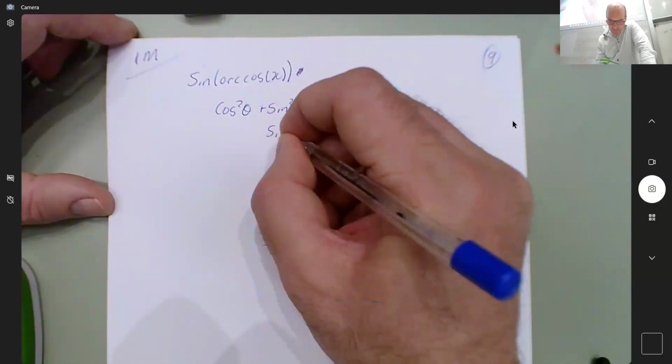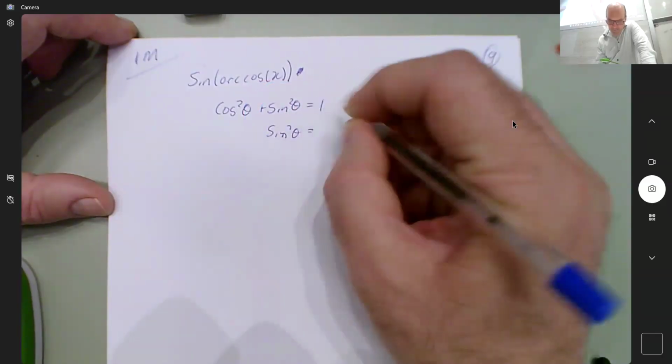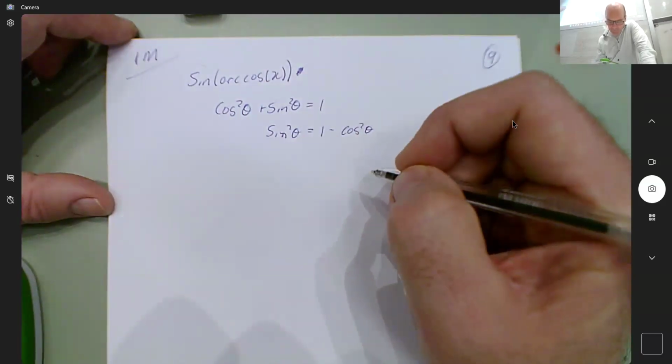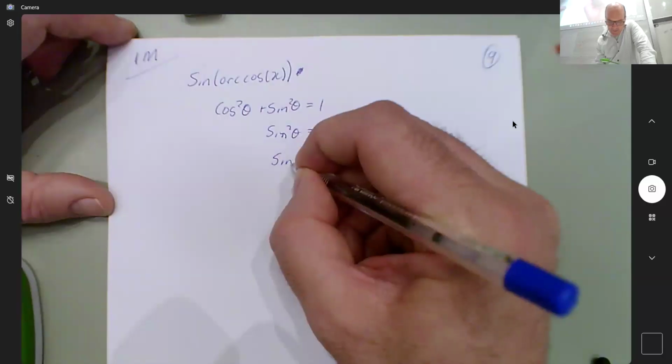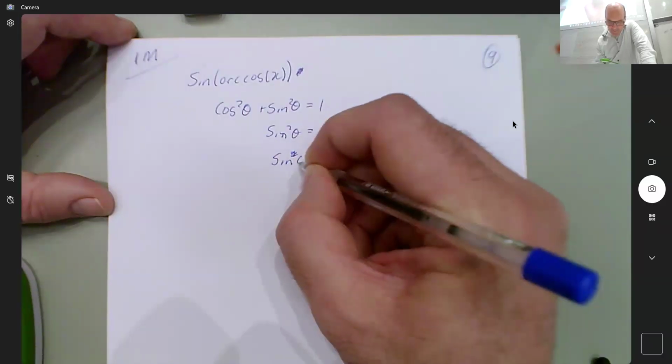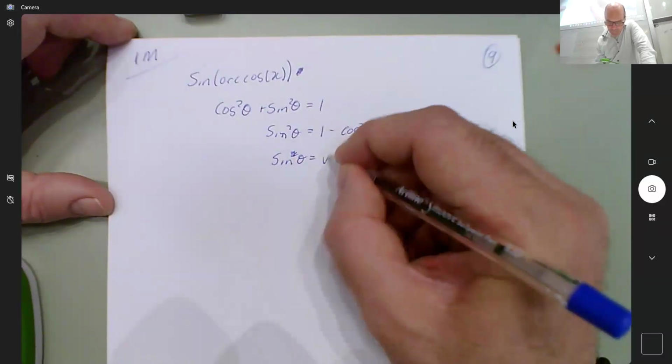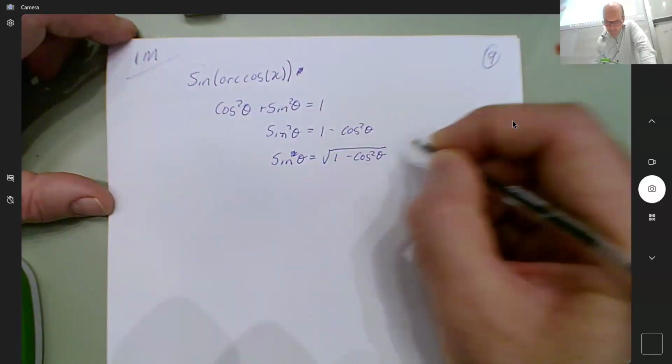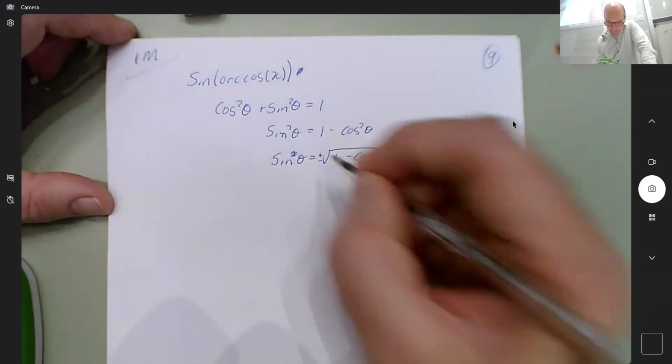Sine squared theta is equal to 1 minus cosine squared theta, and so sine of theta is equal to the square root of 1 minus cosine squared theta. I should have a plus or minus here.